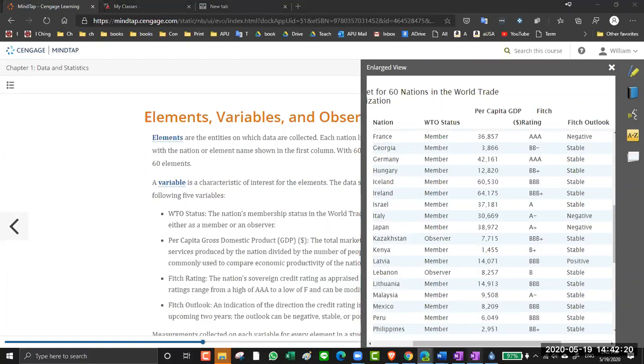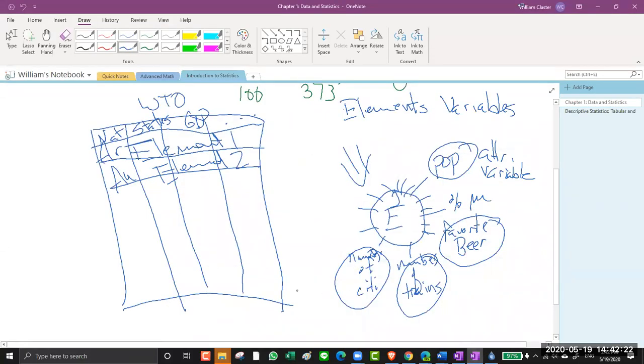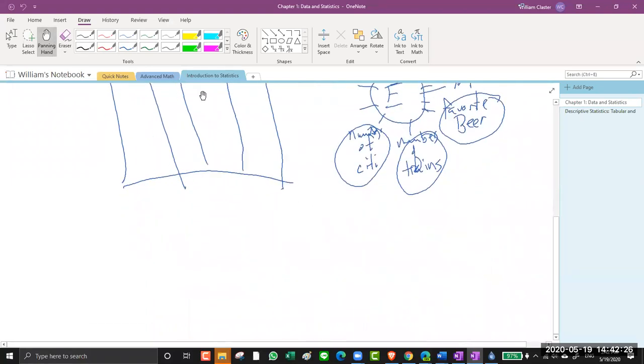So in other words, what they're doing in that particular study is they are looking at, here's the elements, could be Japan, could be Armenia.